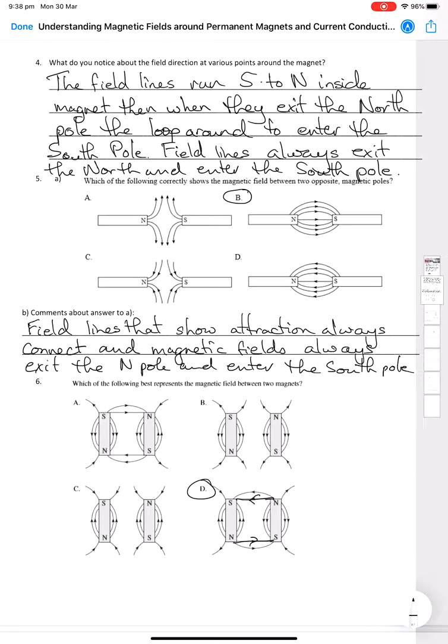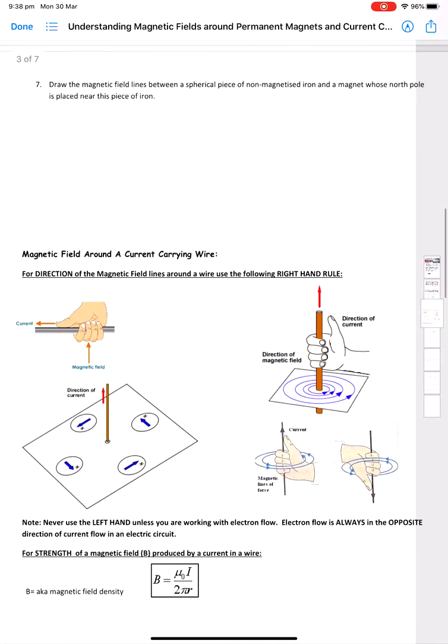All right, now we're ready for the next page. This is the final question about magnetic fields around permanent magnets, and I'll end the video on question 7. It says here, draw the magnetic field lines between a spherical piece of non-magnetized iron and a magnet whose north pole is placed near this piece of iron.